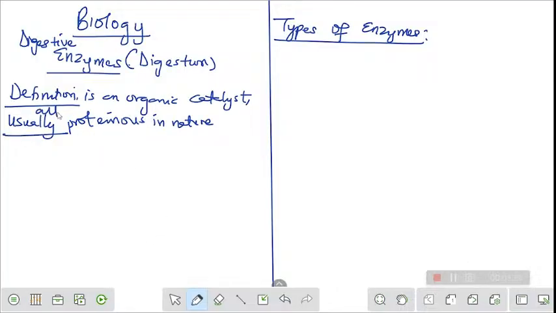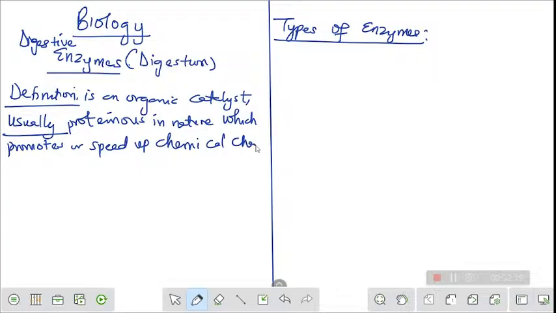So, which promotes or speeds up chemical changes in the living cell. So that's the enzyme.